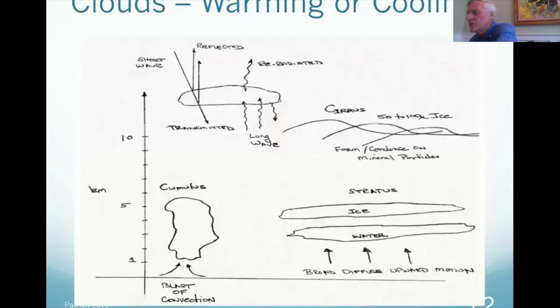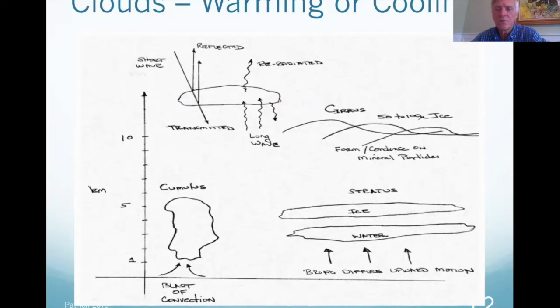And what we see with clouds is it's actually a little bit complicated in that low clouds tend to absorb a lot of energy from the Earth's surface, and they, of course, re-radiate it in all directions, some of it back down and some of it up. But low clouds also are very reflective. So if you look at cumulus clouds or stratus clouds, you get a lot of reflectivity from those clouds.